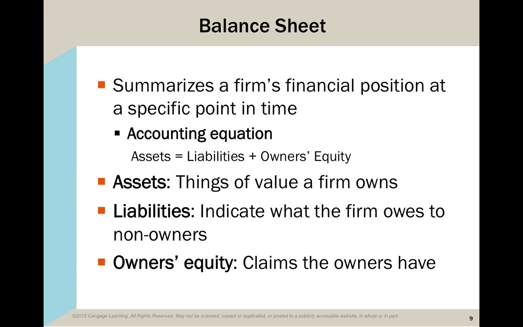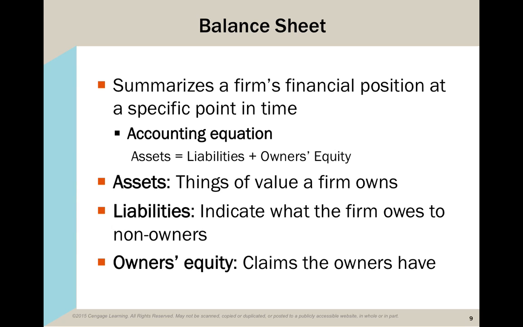Now, a balance sheet summarizes a firm's financial position at a specific point in time. And you have your assets, and your assets are equal to your liabilities and owner's equity. Assets include things of value that a firm owns, such as cash and machinery.